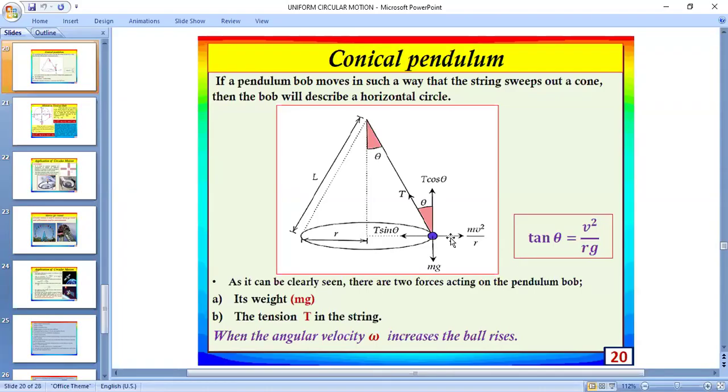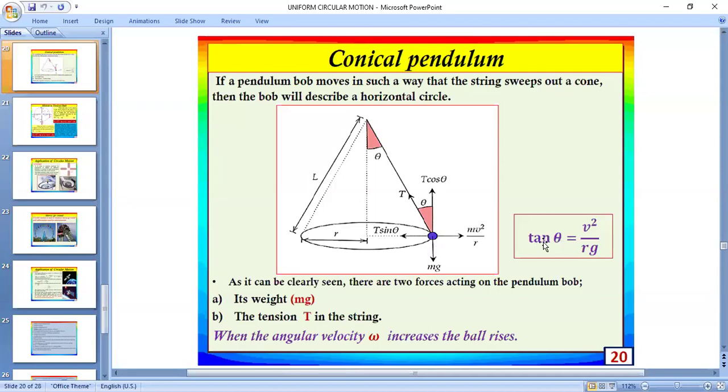Forces acting on this, we have the tension force up here, centripetal force, T sine theta. Then we have weight down here. The vertical component is T cos theta.